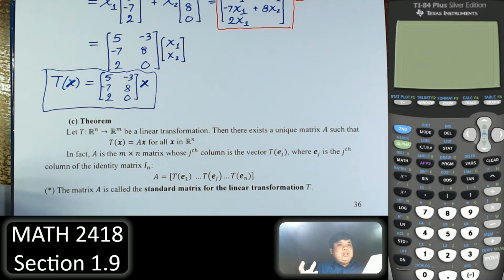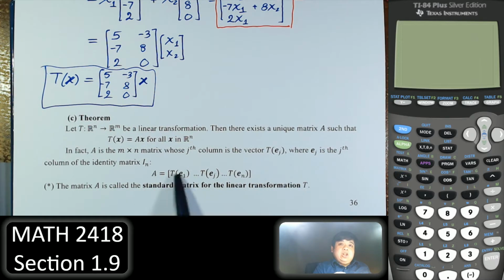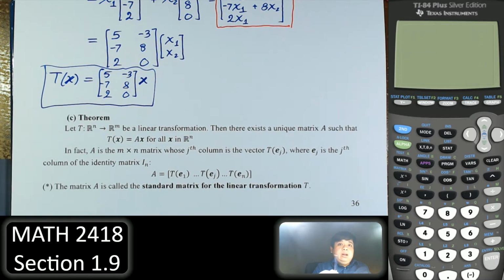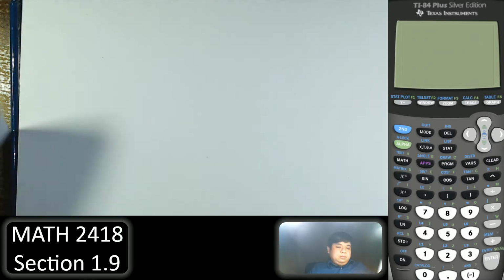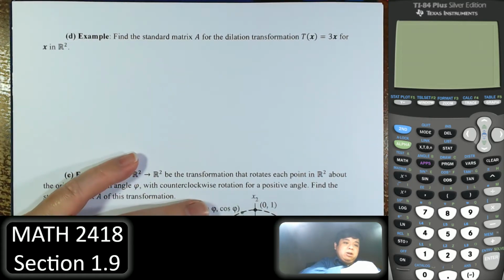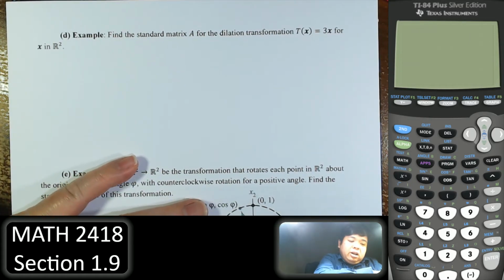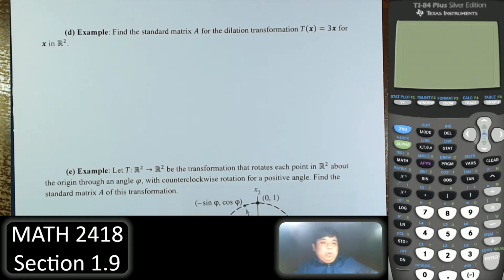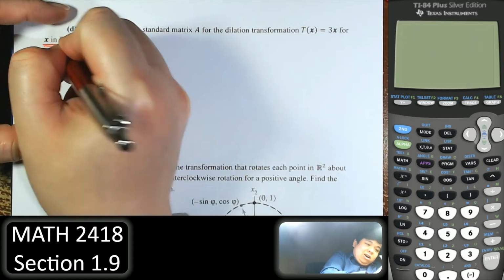We don't have to do much. What we have to do is find the transformation of those columns of the identity matrix. Find the standard matrix A for the dilation transformation T of x equal to 3x for x in R2, right? So that's all we need here, x in R2.